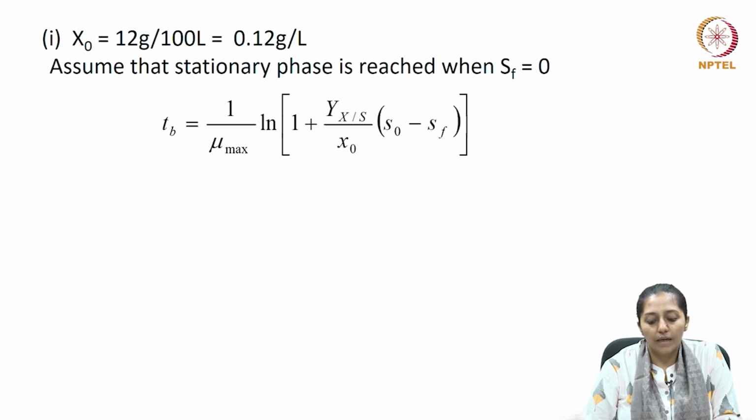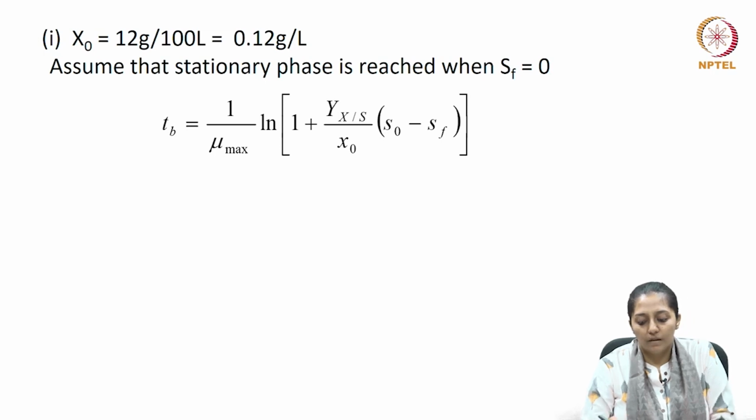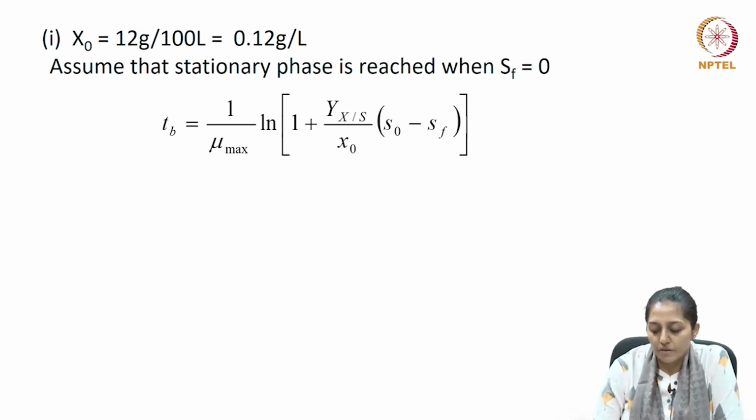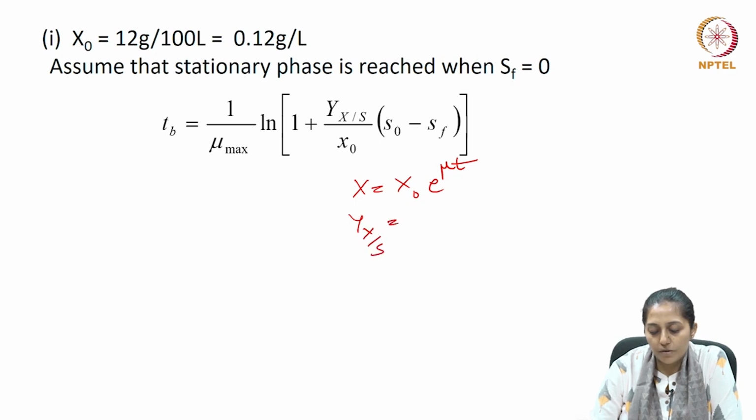The culture is growing at its maximum specific growth rate, and from the earlier problem, if you remember, we used the two equations: x equals x naught e to the power of mu t, and Yx by S equals x minus x naught divided by s naught minus s.